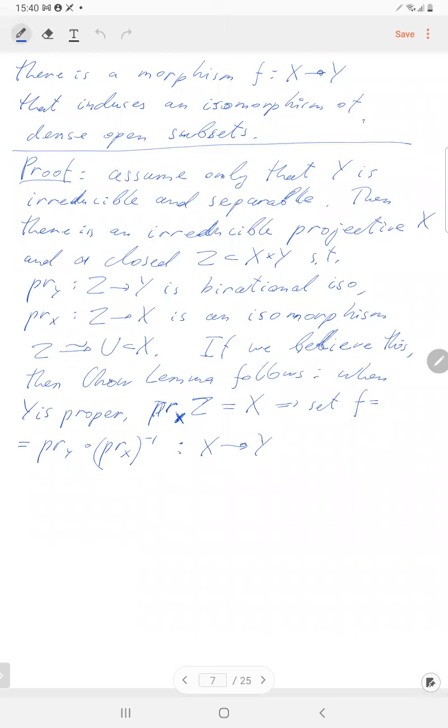That's what we need. We use here that the projection to x was an isomorphism, so we can invert it. Okay. So now let's prove this statement.